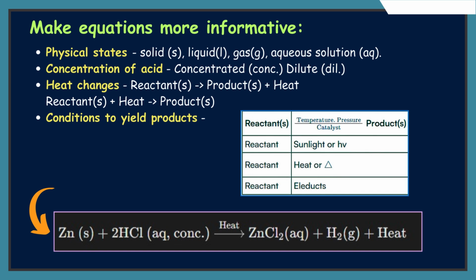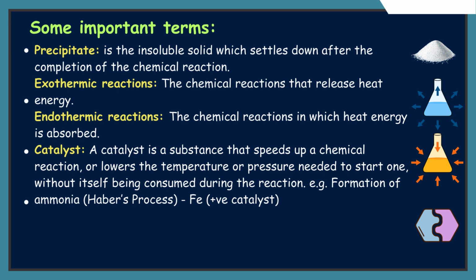Zn plus 2HCl gives you ZnCl2 (aq) plus H2 plus heat. So, this means zinc, solid, reacts with hydrochloric acid, aqueous, concentrated, and makes zinc chloride, aqueous, and hydrogen gas, and also gives out heat.